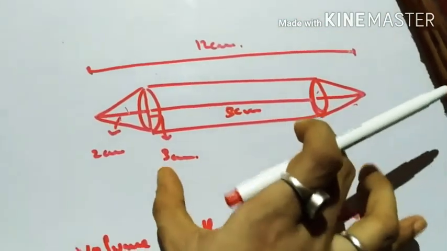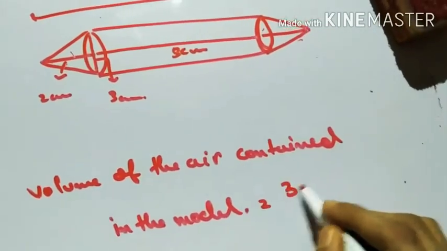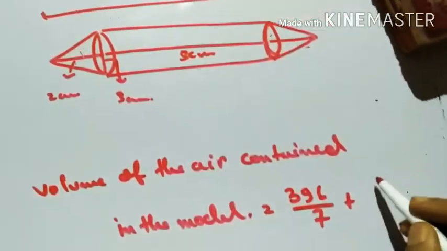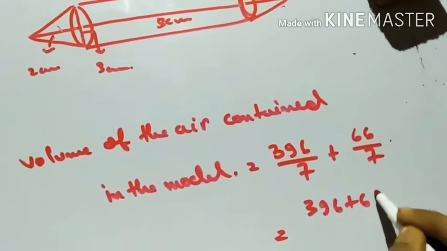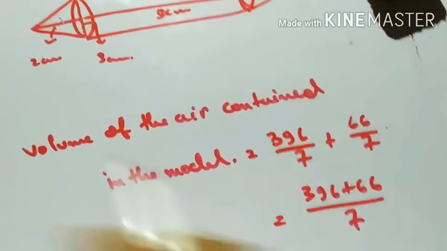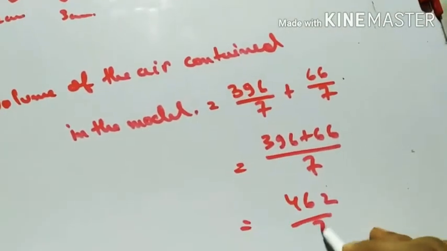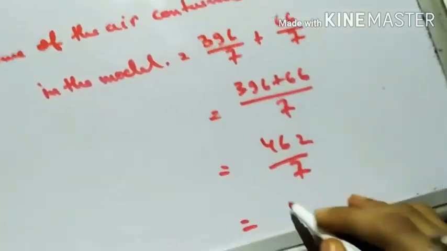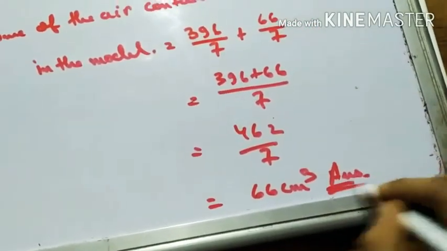The volume of the cylinder I got is 396 by 7, plus the volume of these two cones I got is 66 by 7. So 396 plus 66 by 7 I will get 462 by 7, divided by 7, I will get 66 centimeter cube. This will be my answer.